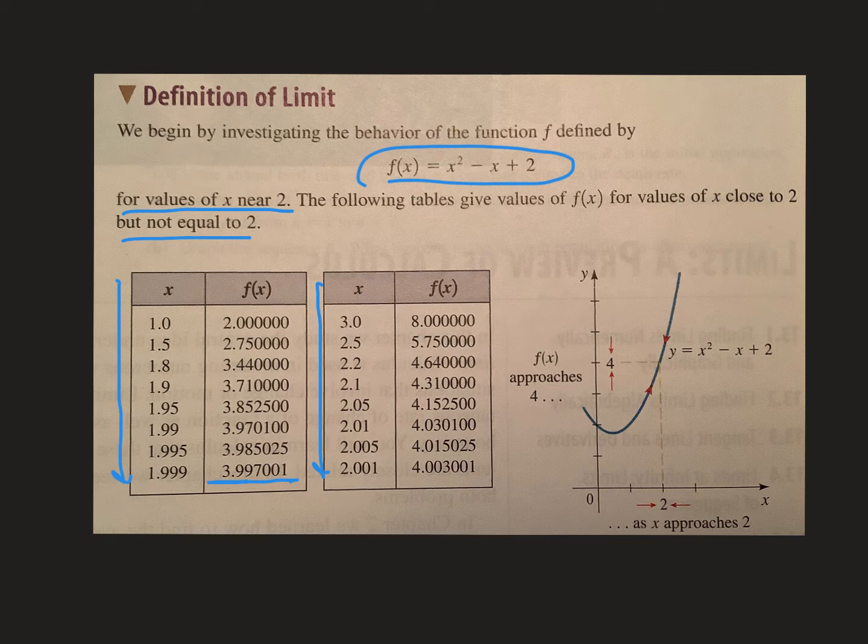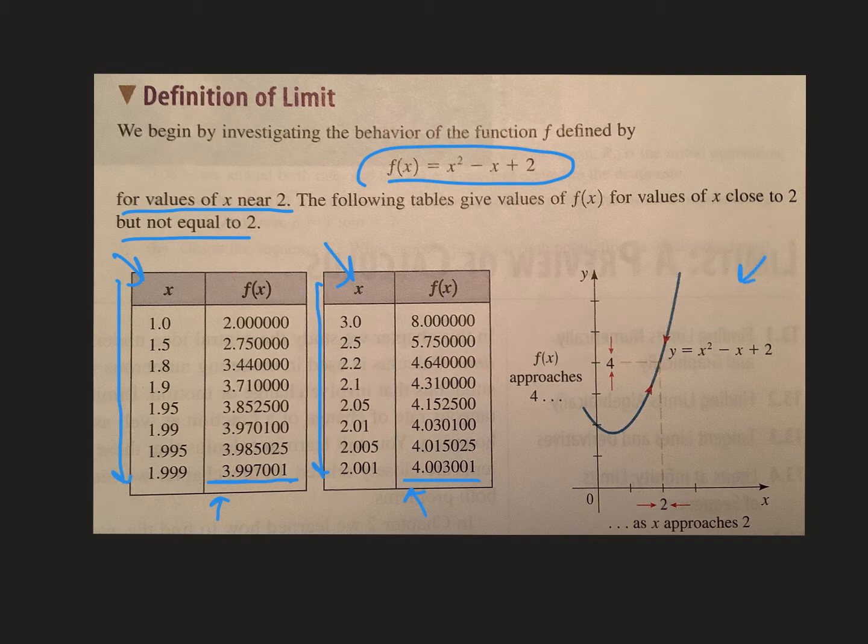When I came in from the upper side, I got 4.003. So they're basically getting closer and closer to 4. The values are approaching 4 as you come in from each side of 2, meaning I came from less than 2 over here, I came from greater than 2 over here, and each time I'm doing that, I'm getting closer and closer to 4.